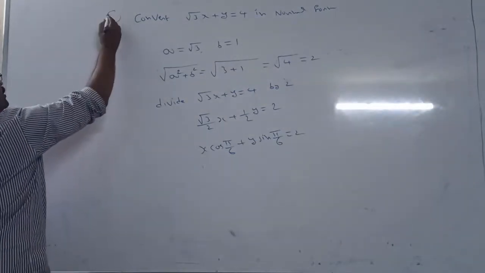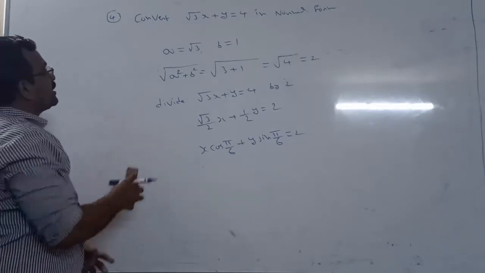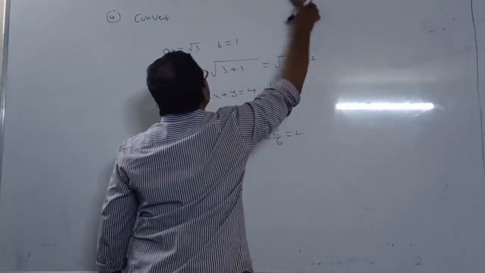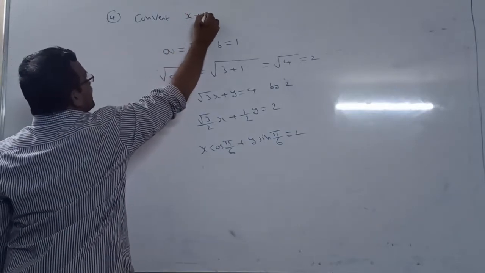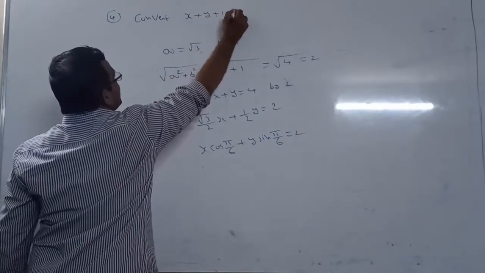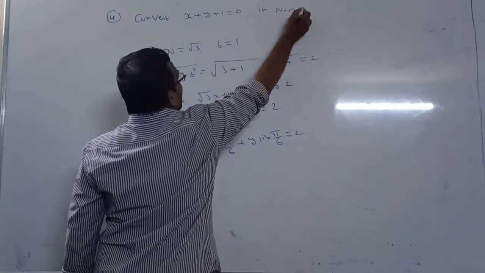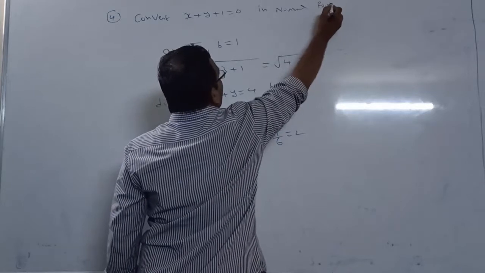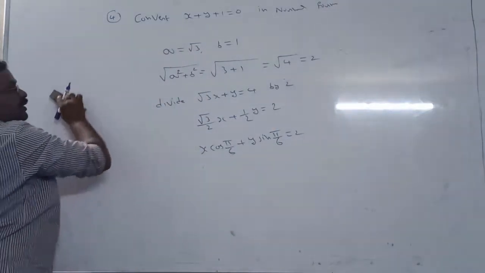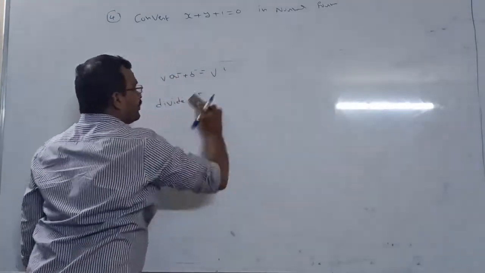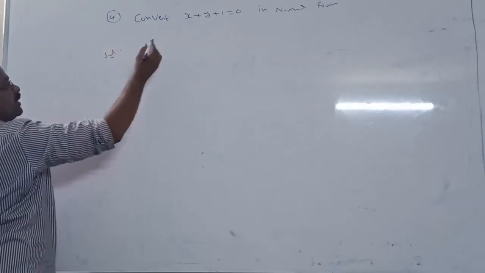So one more. Convert x plus y plus 1 equal to 0 in normal form. Okay.